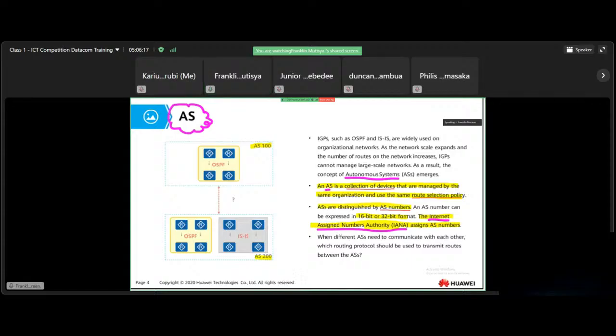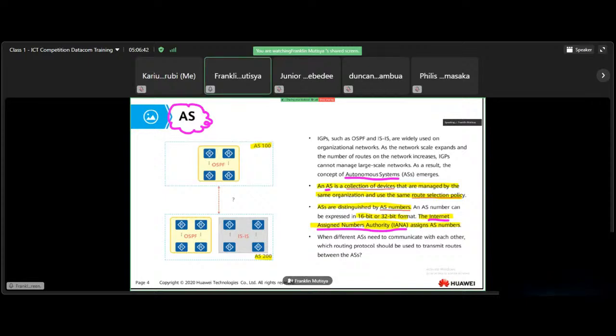All these companies have unique autonomous systems. The network at Safaricom operates differently from the network at Airtel, and Liquid Telecom and any other company like Seacom. All these networks are unique in their own way. They are managed by their own routing policies, which are proprietary to the organizations they belong to.